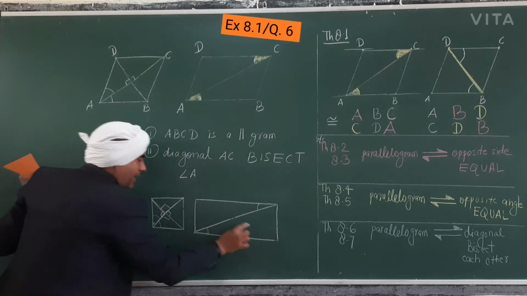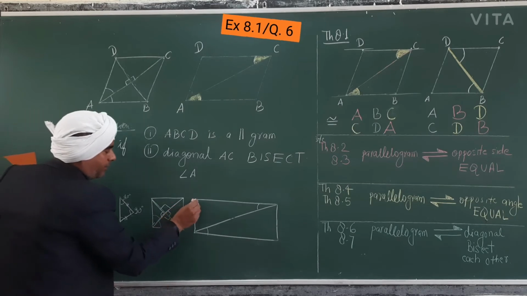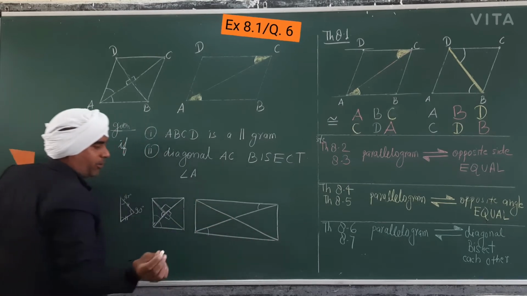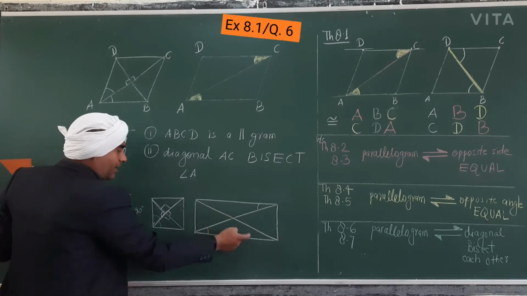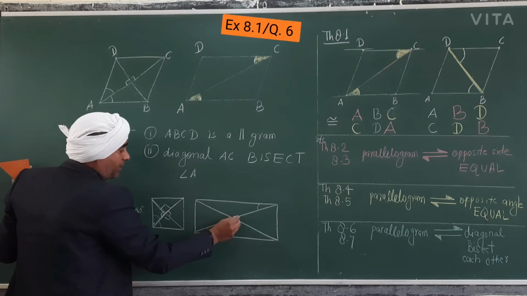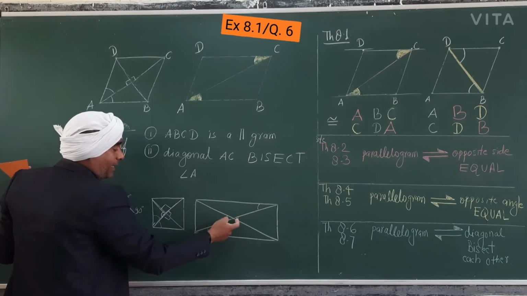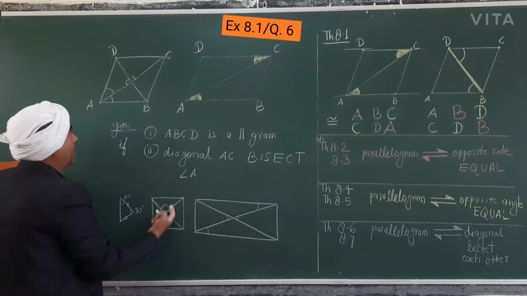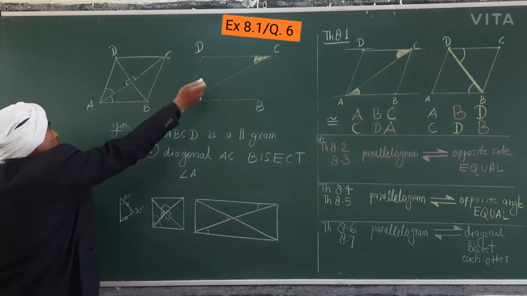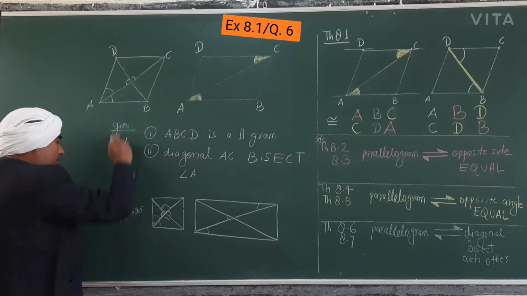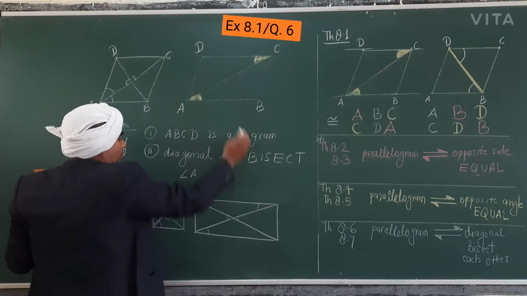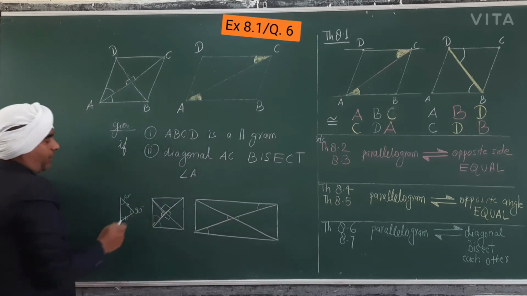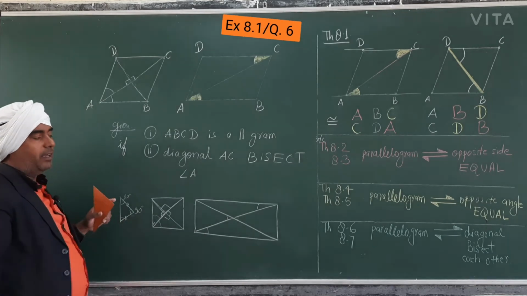In detail I have told you in my second part. Diagonals are equal here, but it is not cutting at right angle, it is not 90 degree, but here 90 degree. You can move from parallelogram to rhombus to square, or parallelogram to rectangle, then square. In my second part I have told you in detail.